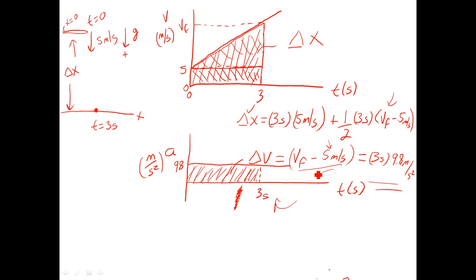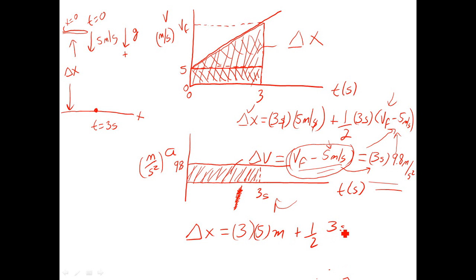Now this is kind of neat. Notice that this appears there. And since this is equal to that, we can put this in there. So let's write our delta x equation again. We can cancel out the seconds up here, and we have 3 times 5 meters plus 1/2 times 3 seconds multiplied by v final minus 5 meters per second, which is just equal to this.